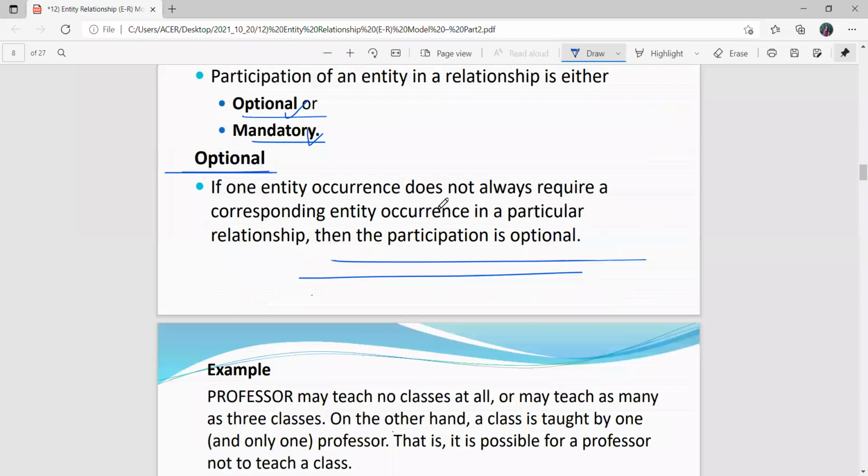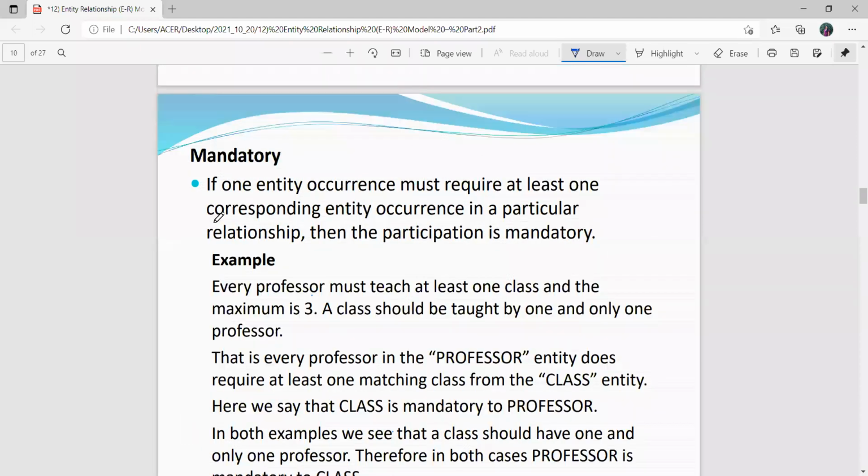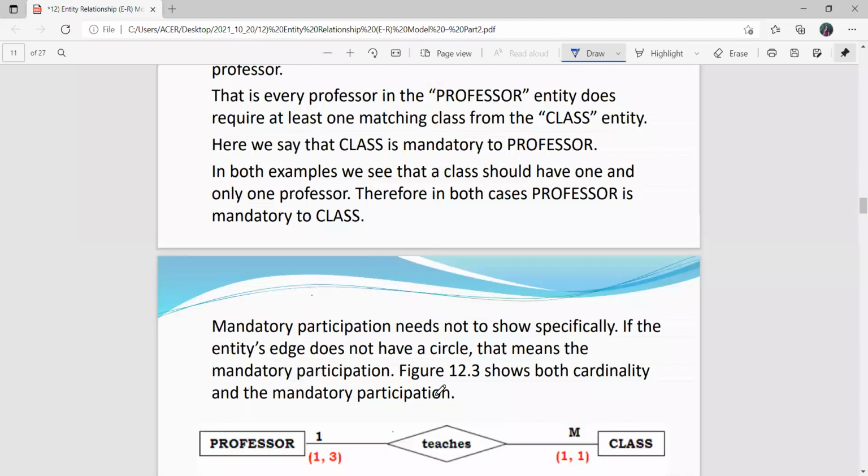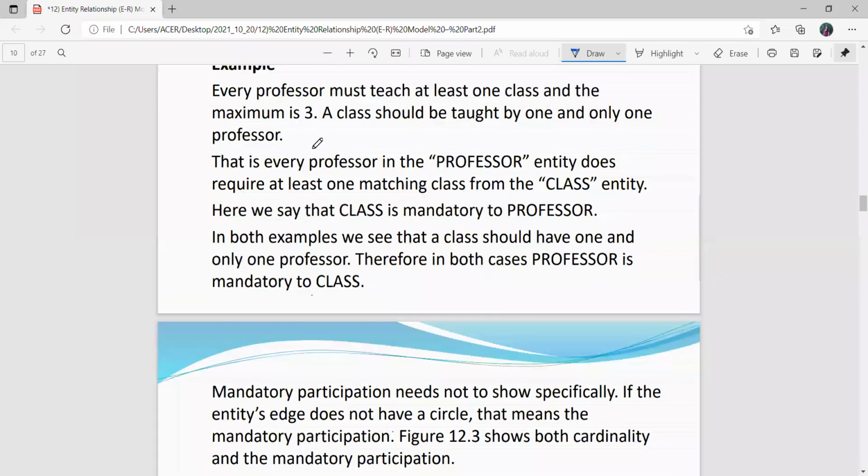Okay. Then the mandatory case. In the mandatory case, if one entity occurrence must require at least one corresponding entity occurrence in a particular relationship, such participations are known as mandatory participation. As an example, again, professor teaches class, and in this case, the professor needs to have at least one class.